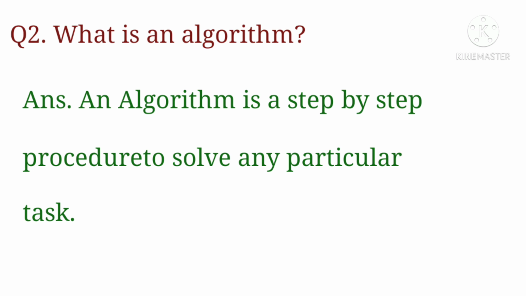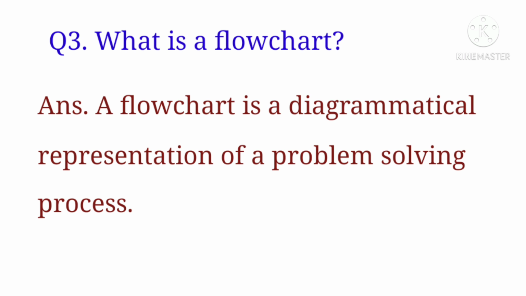What is an algorithm? Answer. Algorithm is a step-by-step procedure to solve any particular task. And question 3. What is a flowchart? Answer. A flowchart is a diagrammatical representation of a problem-solving process.